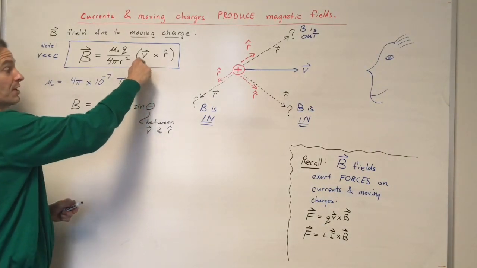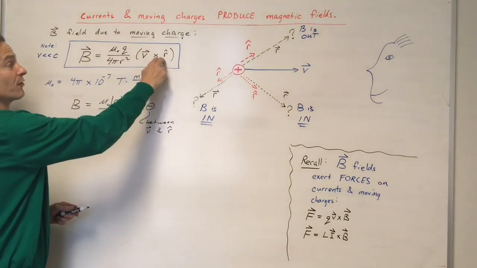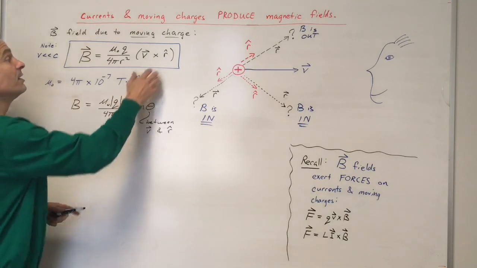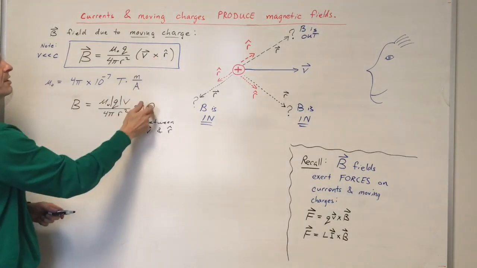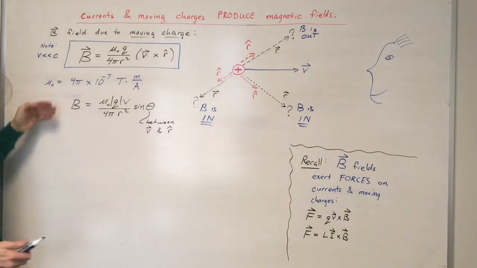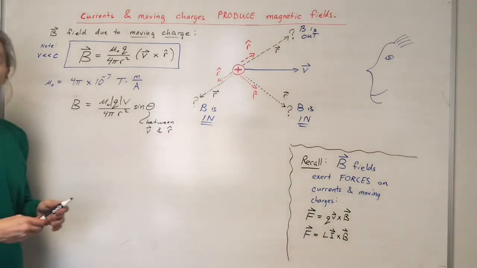I'd have the magnitude of V, the magnitude of r hat, which would be 1, because the magnitude of any unit vector is 1, and then the sine of the angle between these vectors. And this is the magnitude of the magnetic field produced by a moving charge, moving at much slower than the speed of light.